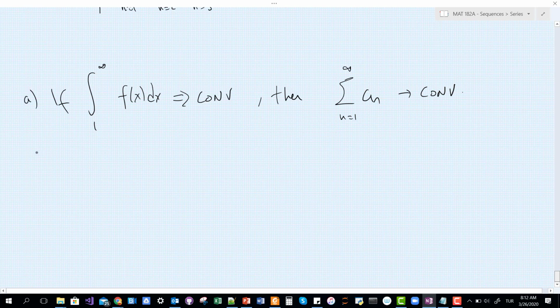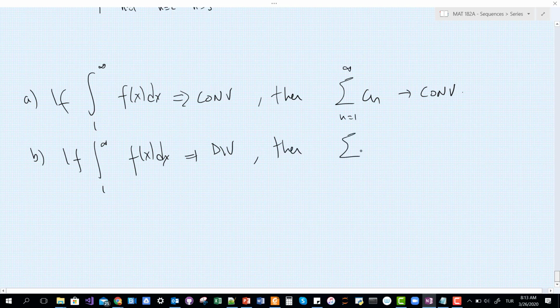This is the first part of my test. The second part is going to be this one. If the integral of f of x dx is divergent, then my series is going to be divergent.